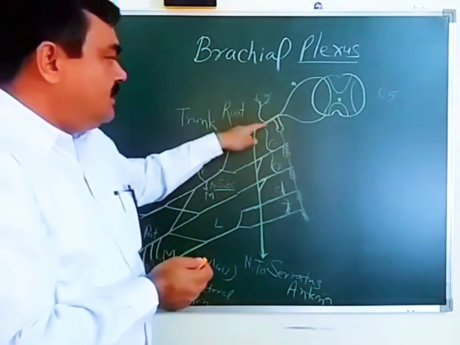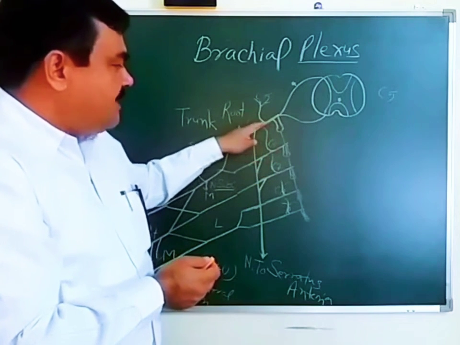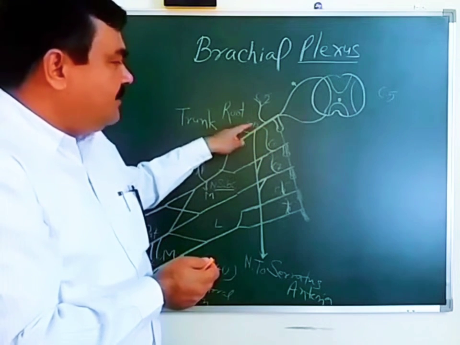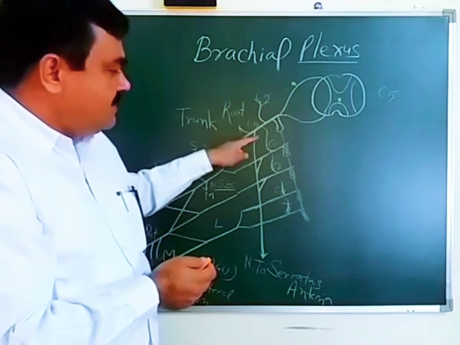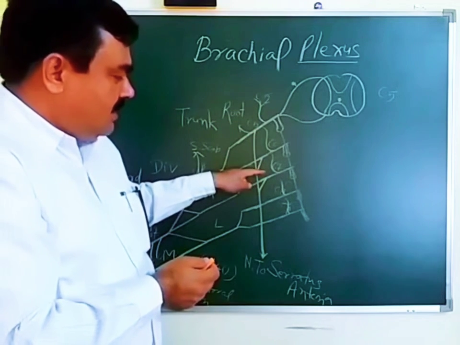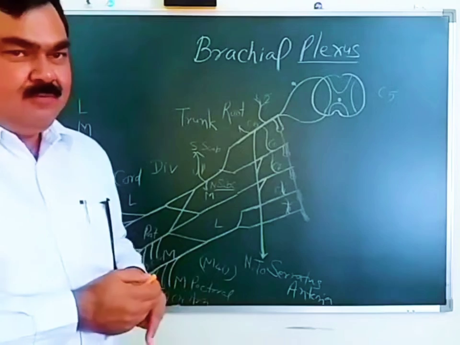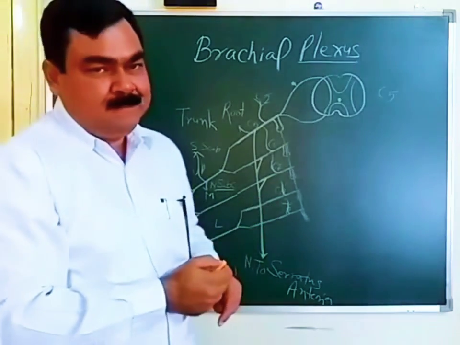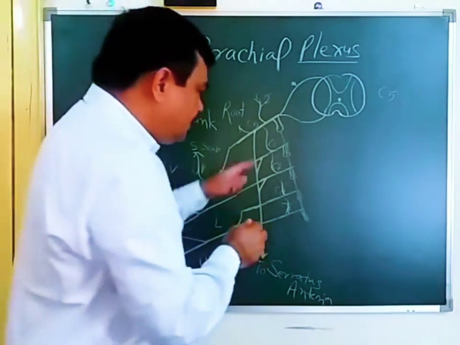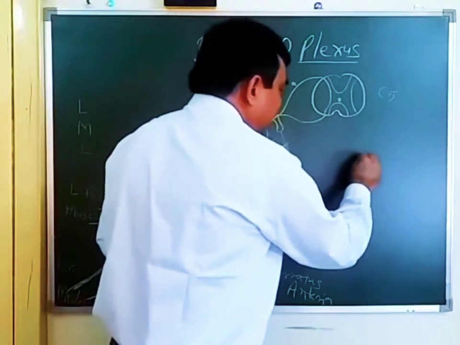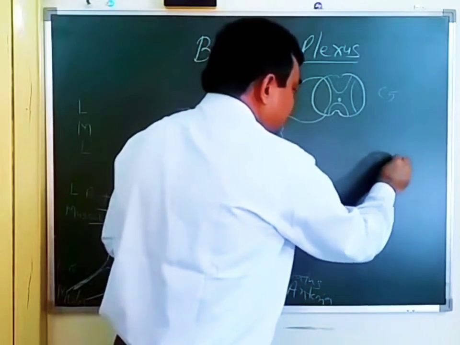That means this brachial plexus arises from C4, C5, C6, C7 and C8 with little contribution of the T1. This condition is known as prefix.